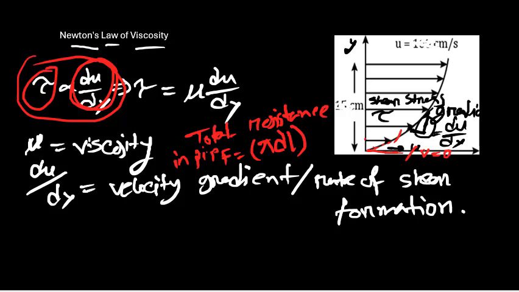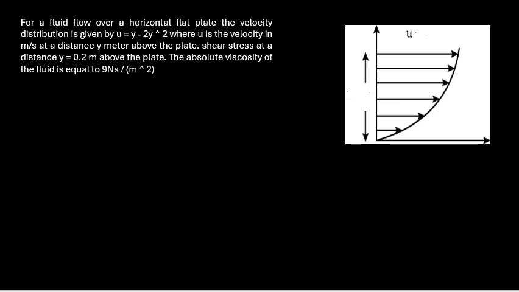Shear stress is directly proportional to the gradient, but between two adjacent layers, one layer and two layer. I think it's clear to you. And now we'll go for the solution of the problem.